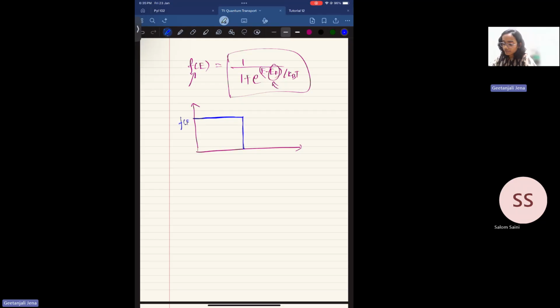It is completely filled for energy less than the Fermi energy. Now, when we increase the temperature, what will happen? Those states that are closer to the Fermi energy will try to move to the next energy level. So this becomes empty, and the charge carrier comes from here to here.